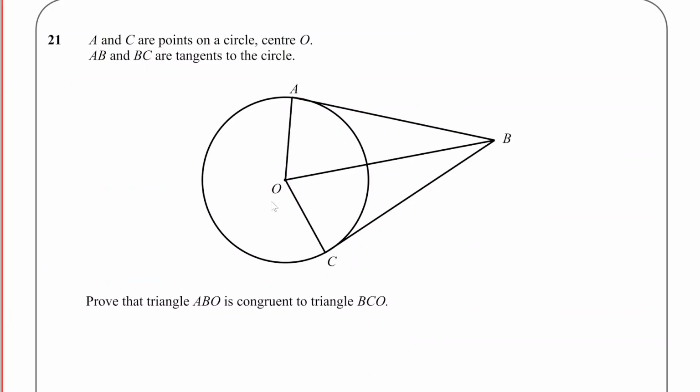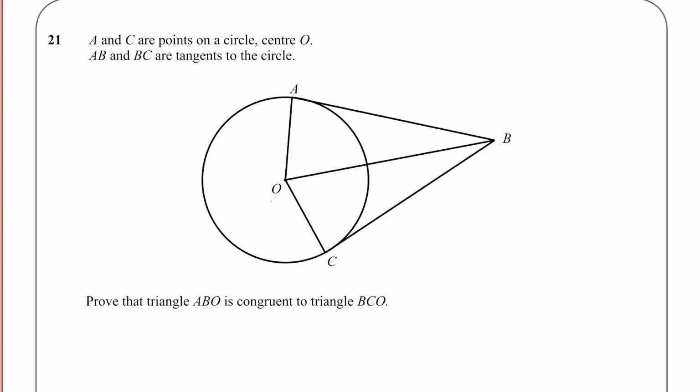Question 21. A and C are points on a circle, centre O. AB and BC are tangents. Prove that ABO, so this triangle, is congruent to BCO, the other triangle. We can do this lots of ways. So we can do 3 lengths.